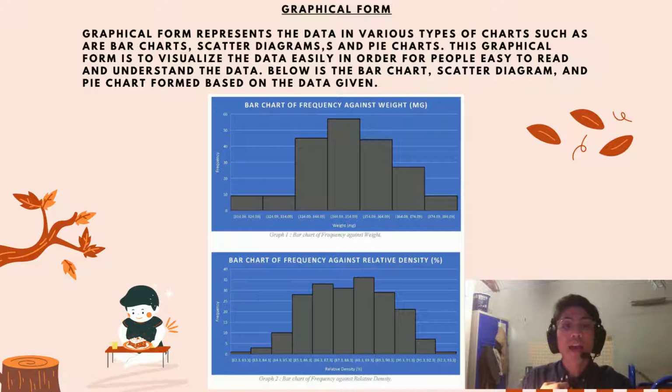As you can see, the highest frequency for this data is ranging between 350 mg and 360 mg, which gives the frequency of 55. Graph 2 is the bar chart of frequency against relative density, where the relative density is the independent variable and the frequency is the dependent variable, with the highest frequency of 67, ranging from 86% to 88%.